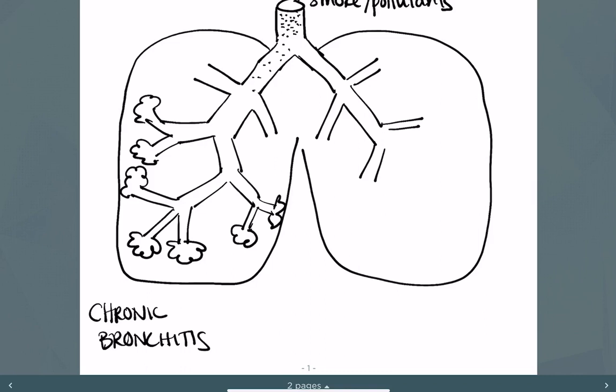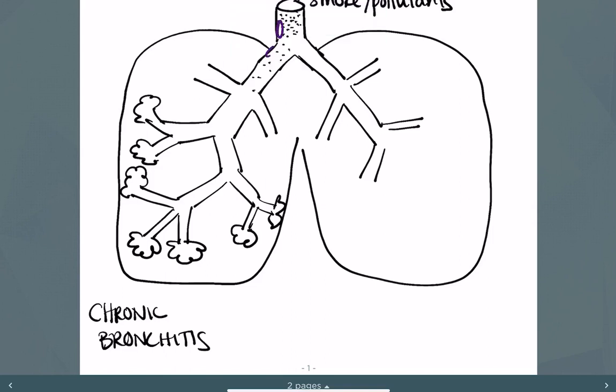In reaction to repeated exposure to an irritant, the lung is going to try to get better at trapping that irritant so that it doesn't get into the lower airways and cause potential infection. So one of the things that the body will do is it's actually going to cause the mucus glands to hypertrophy. So we'll make the mucus glands.